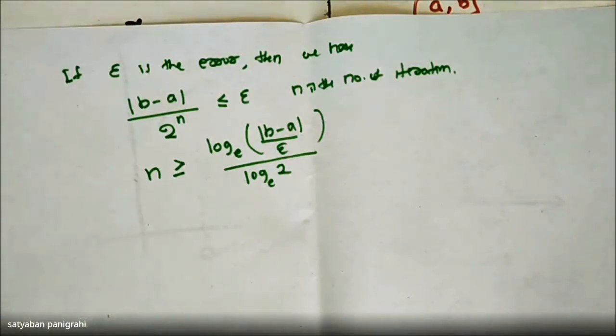Take the question x cube minus 2x minus 5.